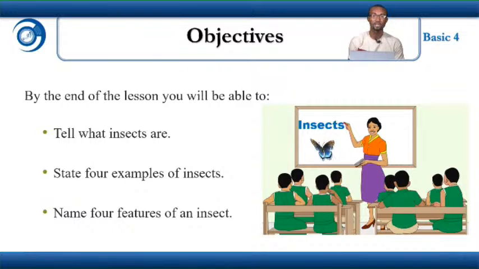Name 4 features of an insect. So by the end of today's lesson, you will be able to tell what insects are, state 4 examples of insects, as well as name 4 features of an insect.